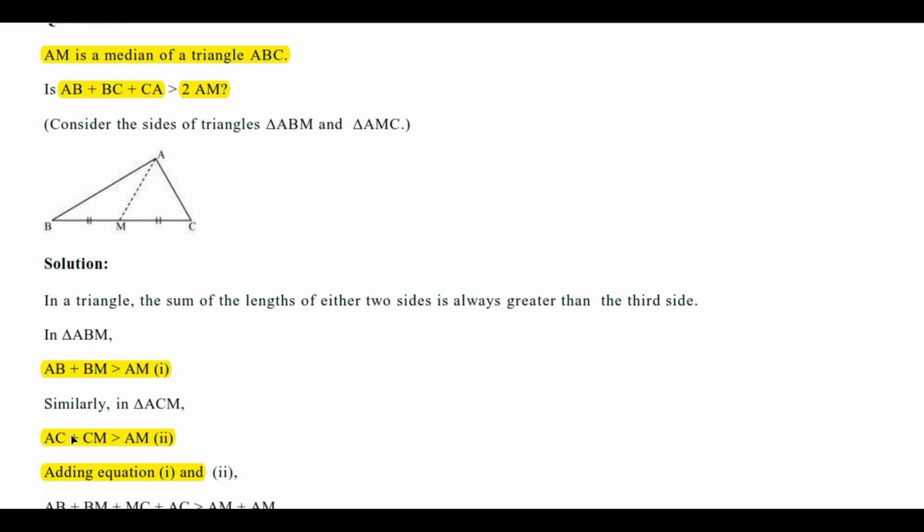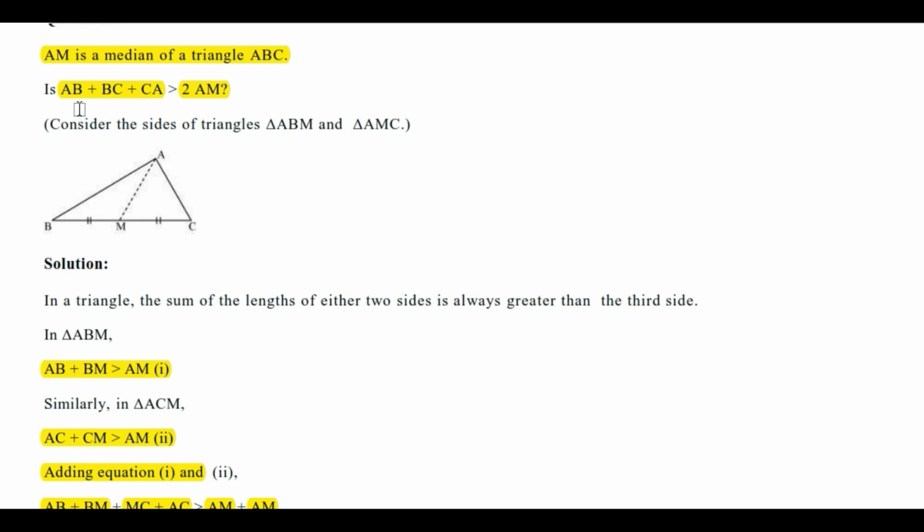AB plus BM, the first two, then AC plus CM, the second two, is greater than the first AM, and the second AM. Understand? Right. AB plus BM, then AC plus CM, and after the greater than sign, AM plus AM.